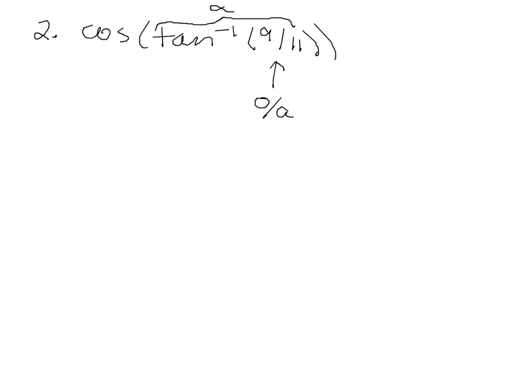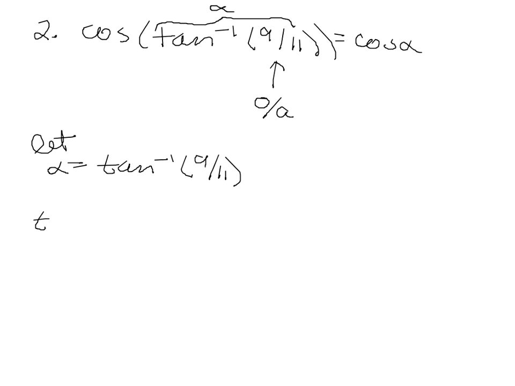So I put in sides and I get out an angle. That's the way inverse trig functions work. So I'm going to call this cosine alpha, where alpha is inverse tangent of 9/11.